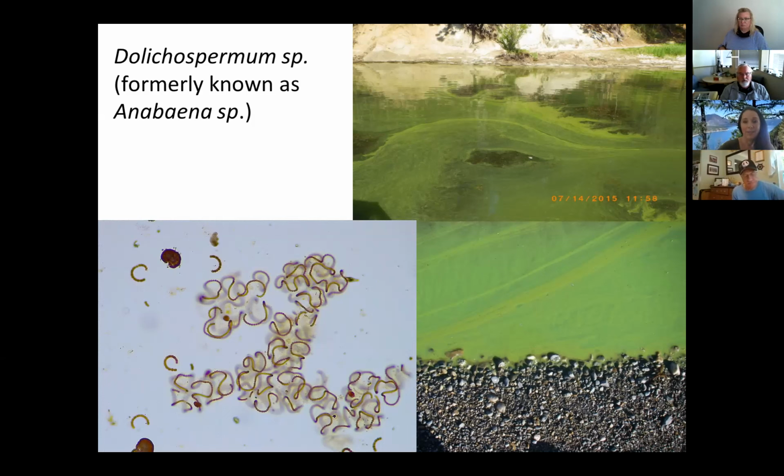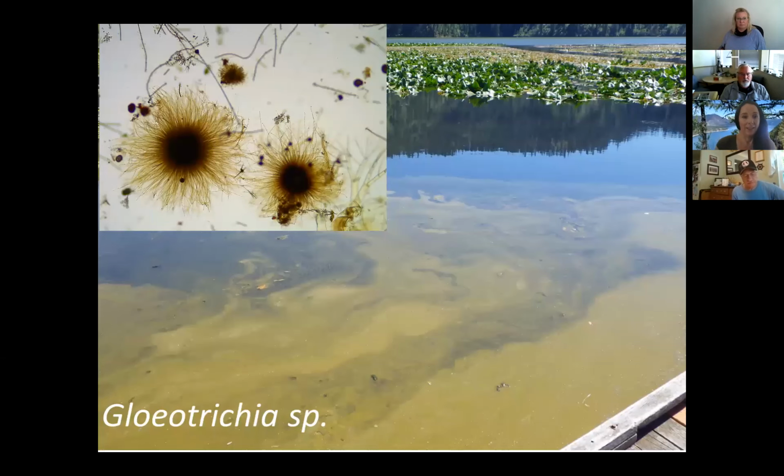But it's very, very concerning and toxic. Pleurotrichia looks like a Horton. Here's a poo ball under the microscope. It's really quite fascinating and fun to look at, but it's also very unsightly once it forms scums. And this is a picture of Fernan Lake in that inundated wetland with a bloom happening right there.